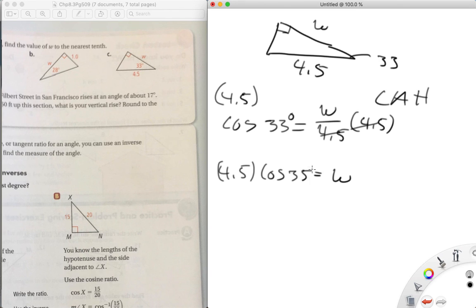Alright, so cosine of 33 times 4.5, and that gives me 3.77. And I feel good about that because the hypotenuse has to be the biggest number. So since W is 3.77, I feel confident in that answer. Okay.